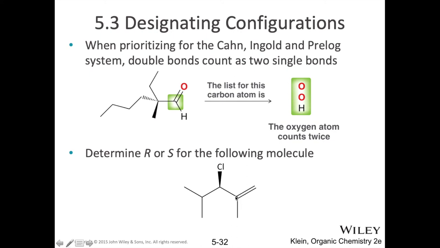In terms of tie-breaking purposes, it's bonded to three other carbons. We count this double bond to a carbon as two bonds to carbon. Whereas this carbon over here is bonded to two carbons and a hydrogen. And so that's why it goes chlorine, this carbon on the right, and then this carbon on the left. That's a clockwise rotation, and that's an R designation.